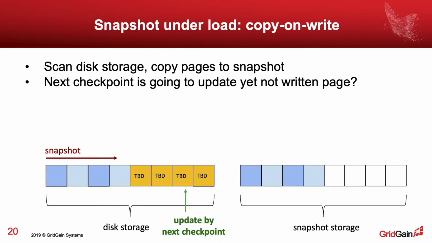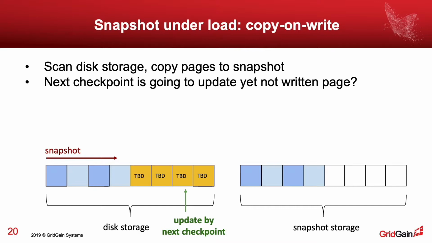What we do is cooperative working of the snapshot and checkpoint processes. If the checkpoint process comes and understands that it wants to update a page that wasn't snapshotted yet, it helps the snapshot process, and first of all, it writes the old state of the page to the snapshot storage.